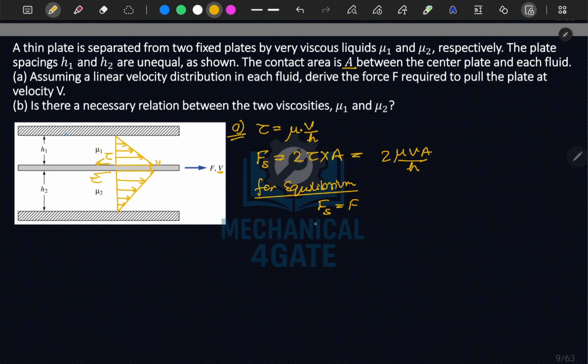So your force F required is equal to 2 mu V A by H. And B part, it is asked is there a necessary relation between two viscosities. Sorry about that, my bad. So this is your viscosity mu1 and height h, the two are different. So let me do it here again correctly.